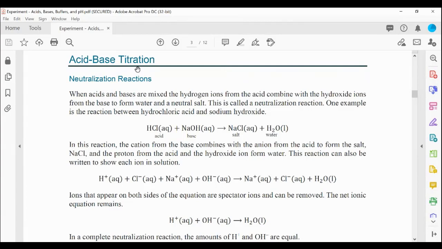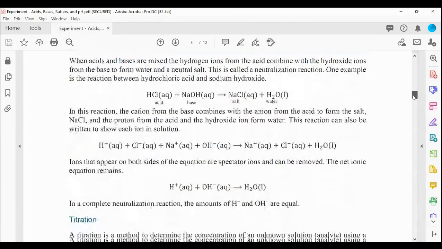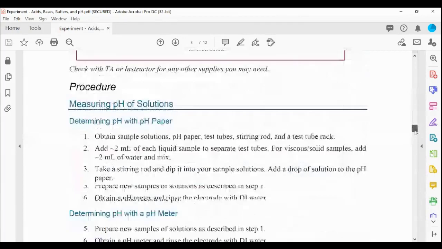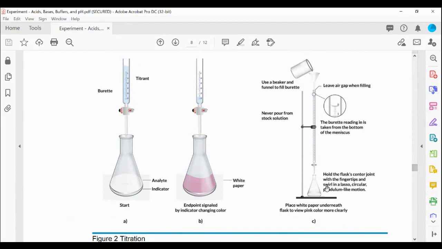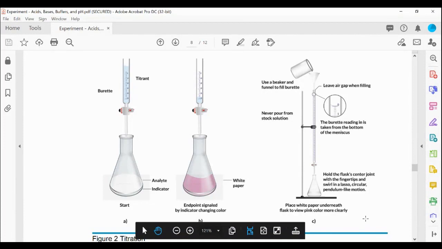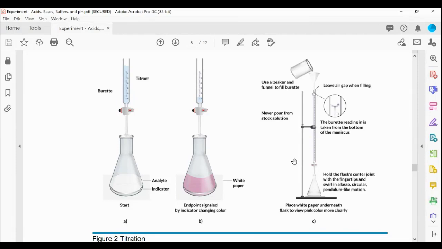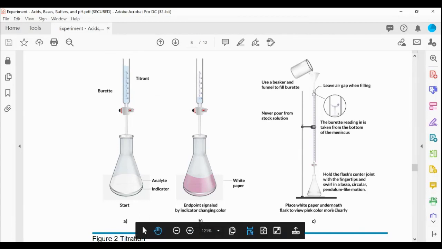We will look at the setup, and let me see if they are showing here some point. Okay, this is the setup of the titration. We slowly add a known solution. So this is the start. Let's look at A. In C, what we have is the whole setup of the titration.